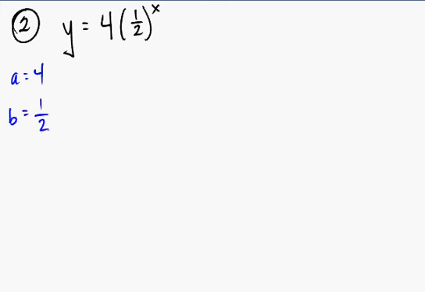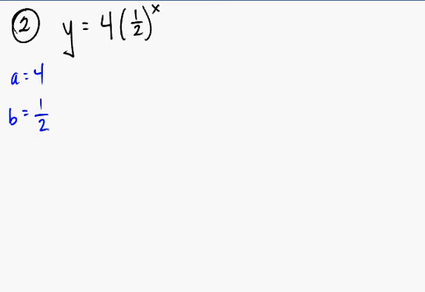Growth or decay? Decay, good. This is decay because the b is less than 1, right? Does that make sense? It's greater than 0, but it's less than 1. It's a half.